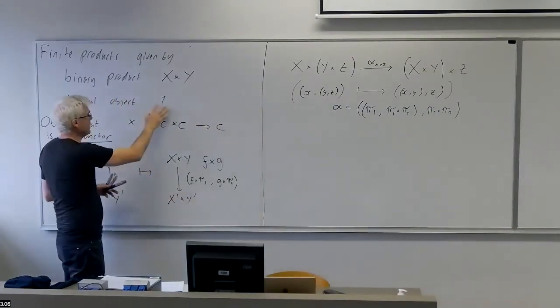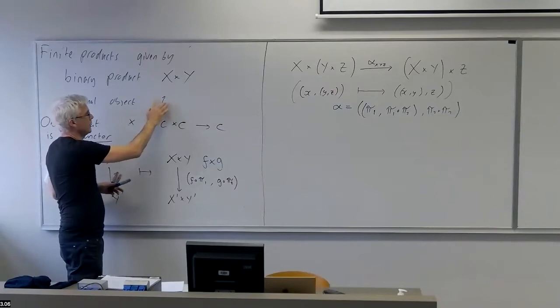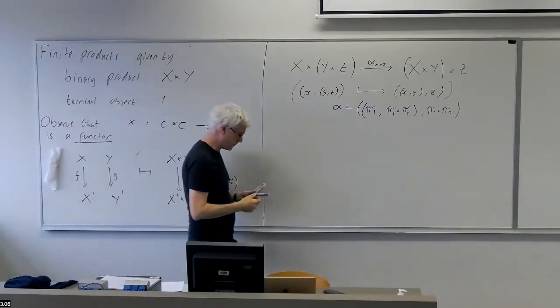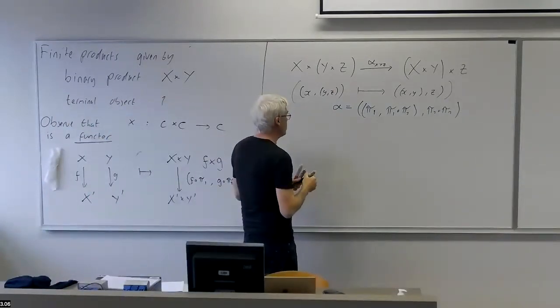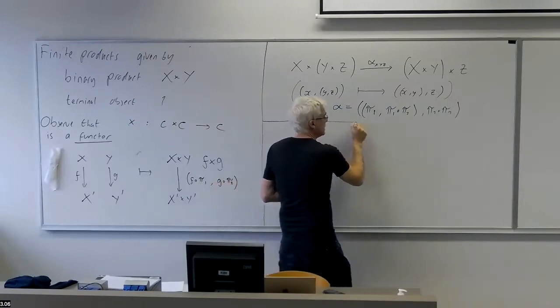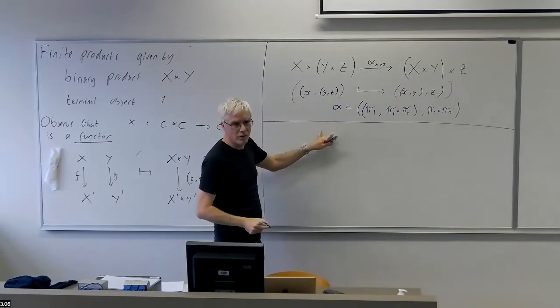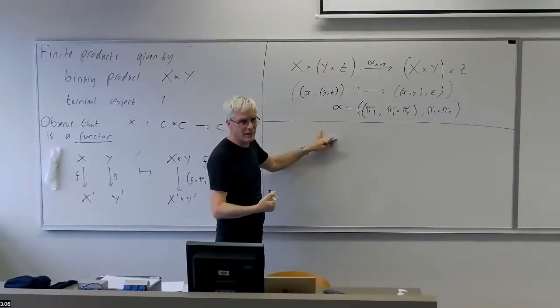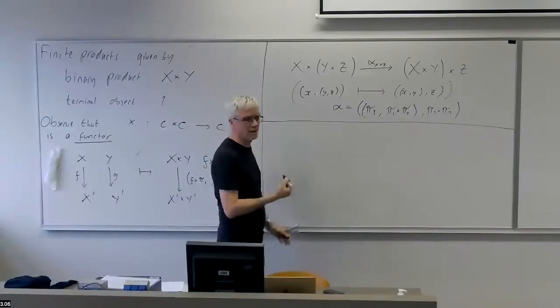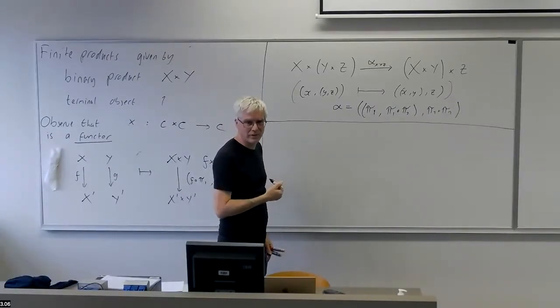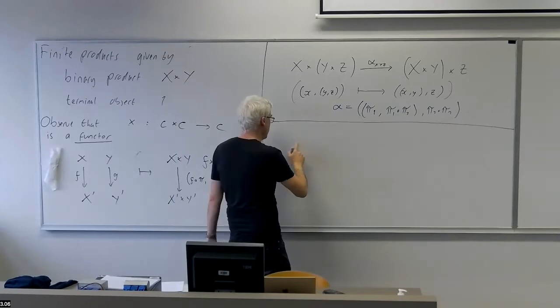In the same way, 1 is an identity object for the operation, but again, it's not the case that x times 1 equals x, because x times 1 is the set of pairs whose second component comes from the one element of the singleton set that we've chosen as our terminal object.